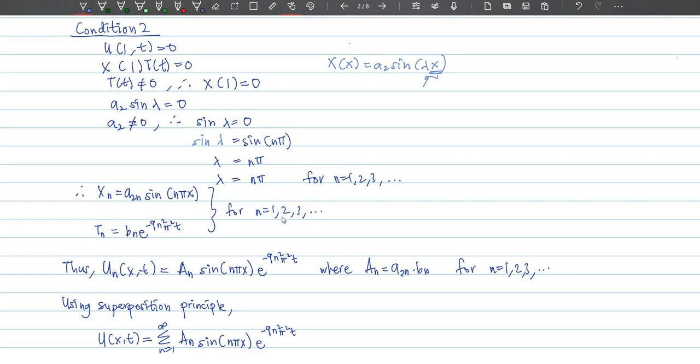This is for n equal to 1, 2, 3 until infinity. Here you just need to substitute the value of lambda that we have gotten.